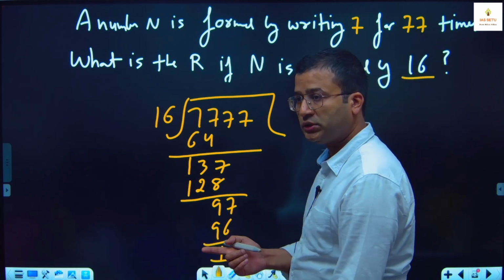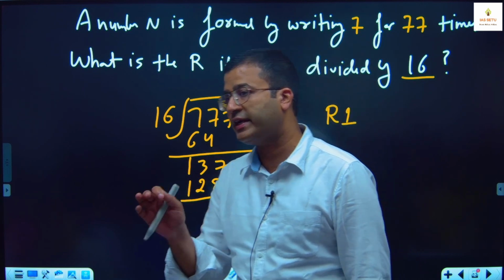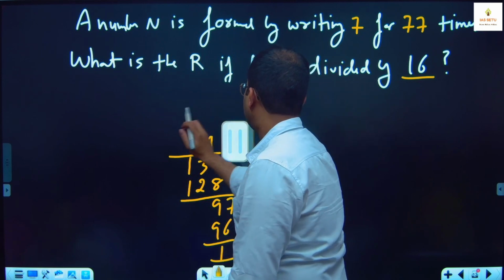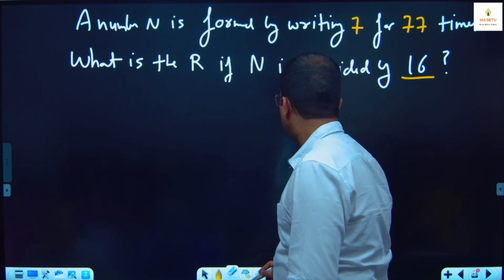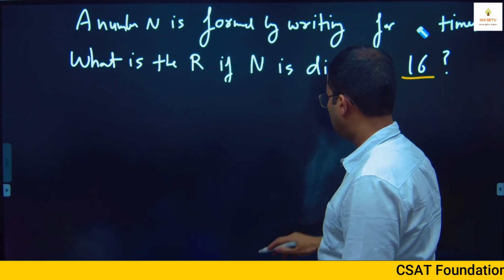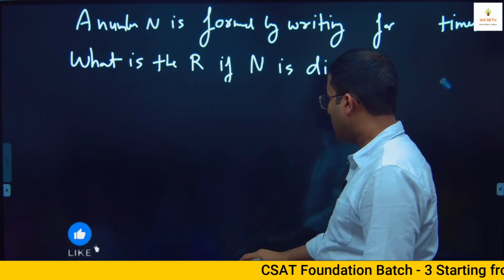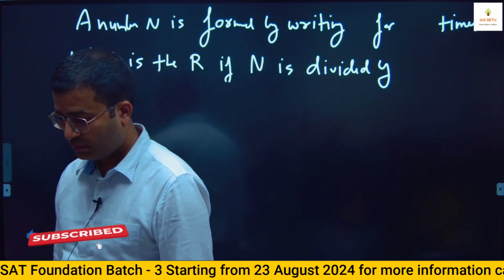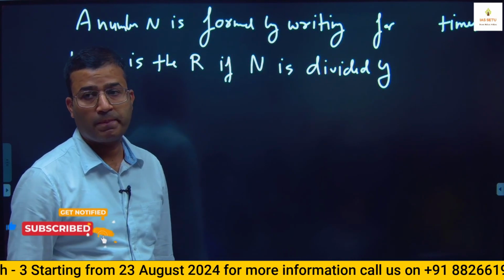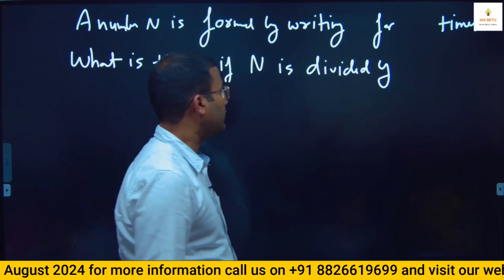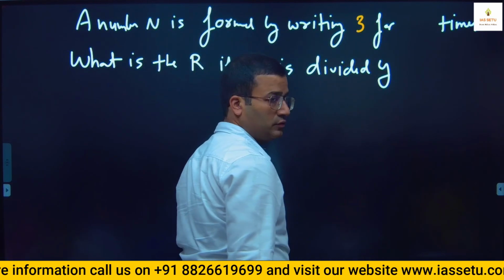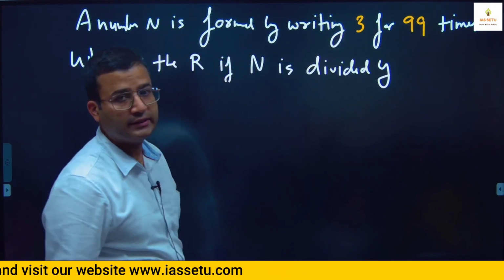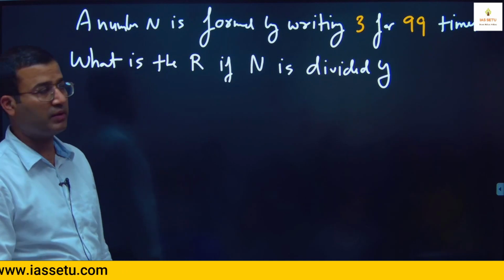I give you one more question. I expect even category 1 to also try this question. You write. A number n is formed by writing 3 for 99 times. 3 for 99 times. 3 को 99 टाइम लिखा तो एक नंबर बना.